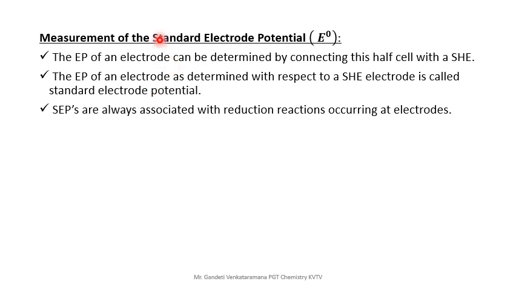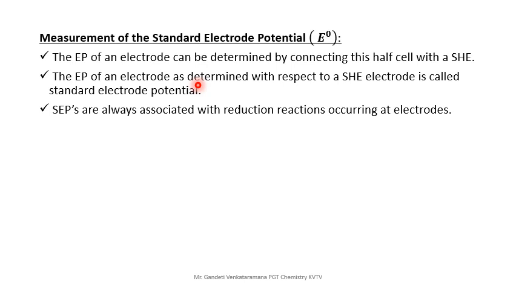So the standard electrode potential of zinc means you are going to calculate the electrode potential of the zinc with respect to the standard hydrogen electrode. That point is important. Standard means you are measuring with respect to the standard hydrogen electrode. This is the main point.